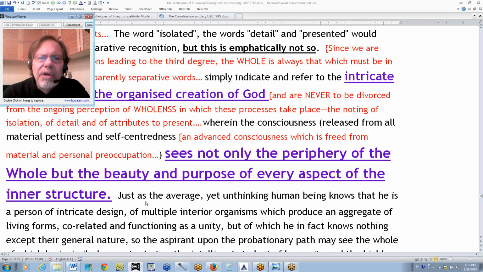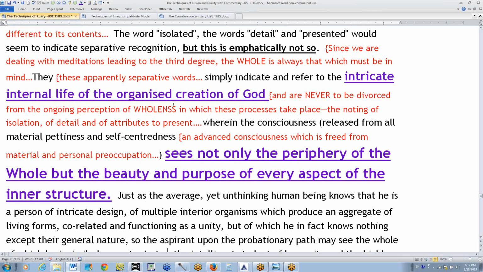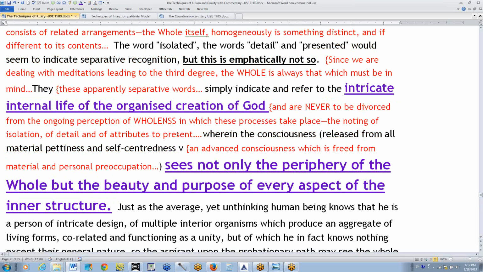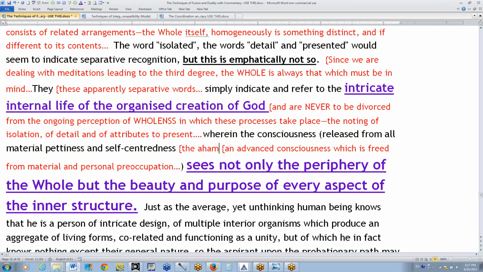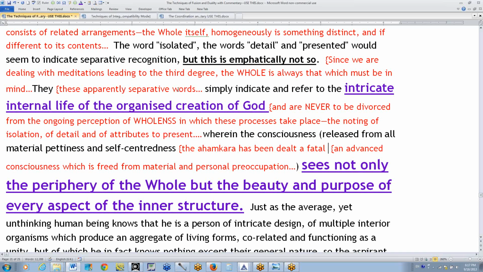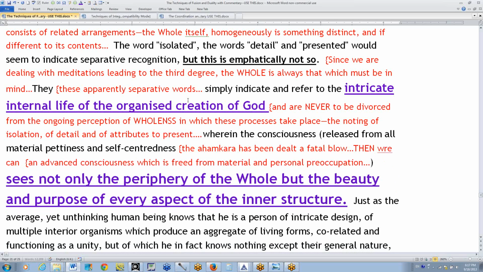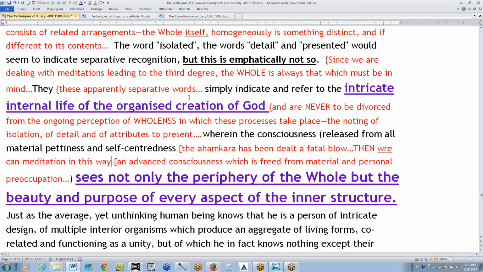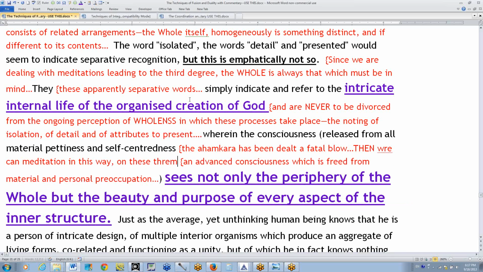So this intricate and organized internal life, the intricate internal life of the organized creation of the God, is hardly grasped by us. But when the consciousness is released from all material preoccupation, pettiness, self-centeredness, so you see, ahamkara, let's just say, the ahamkara has been dealt a fatal blow, then we can meditate in this way on these themes.